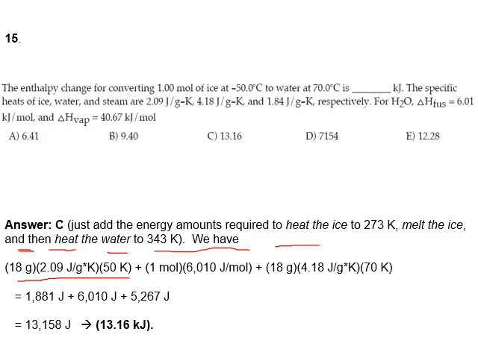And then number 3 was the 18 grams, again, which is 1 mole, times the specific heat of water times 70 Kelvin. So add all 3 of these together, you get 1881 plus 6010 plus 5267, and that adds up to 13,158, which is roughly 13.16 kilojoules, or you could write it as 13,160 joules, and that's the answer.